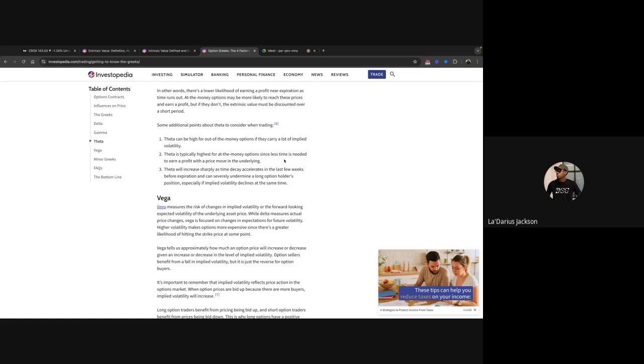So at the money will be, I don't know, a 570 strike with the stock at 569 or right at 570. The theta is going to be high for that because, again, less time is needed to earn a profit. It can just move up a notch, you're in the money, or it can move back a notch and you're out of the money. So that one's kind of self-explanatory.